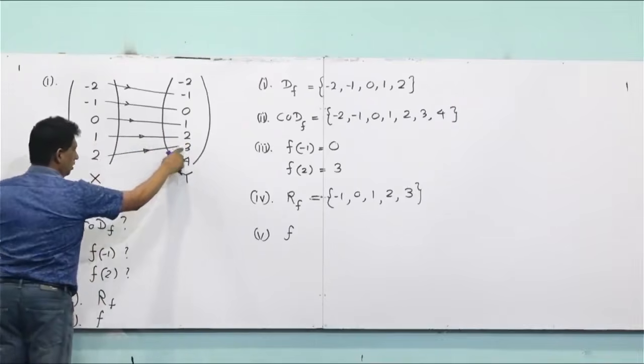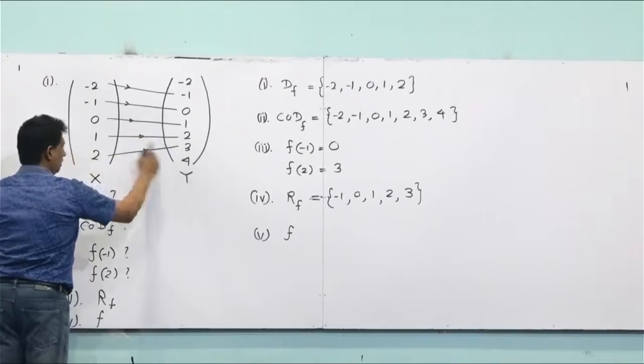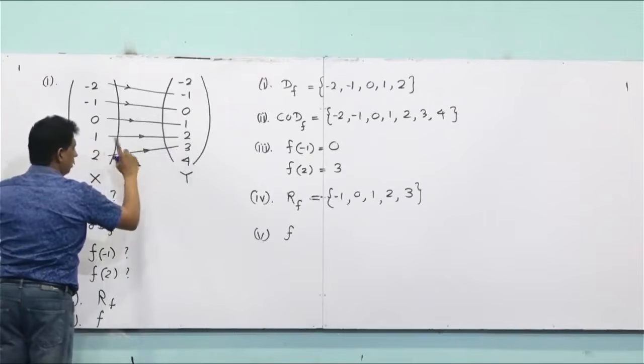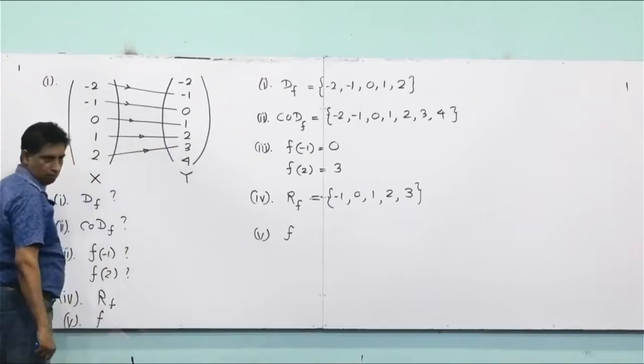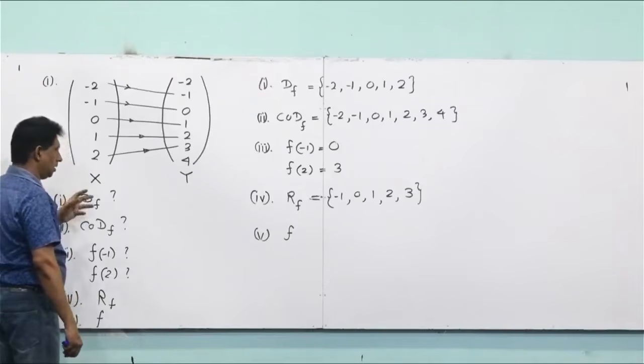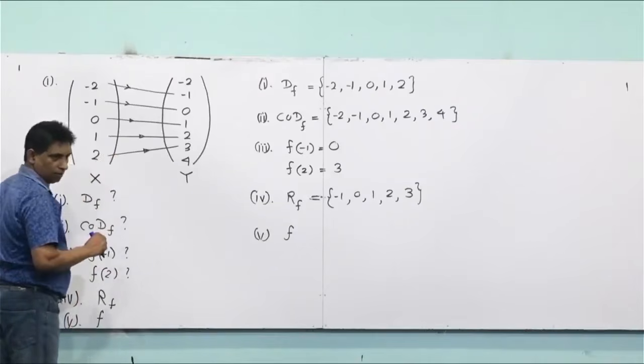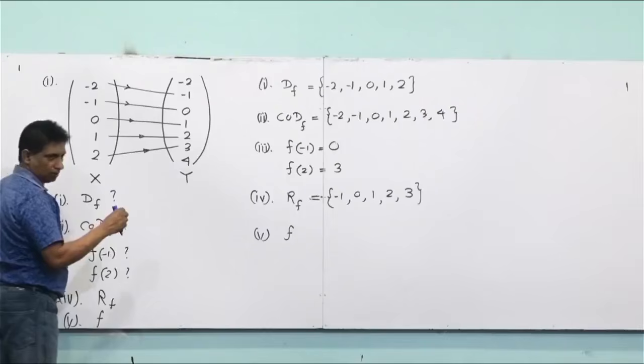Here 2 is related to 3, no? Then what is the basic logic? This element is greater by 1 than this element. Then immediately we can say we have to add 1, right? But we have to check it.